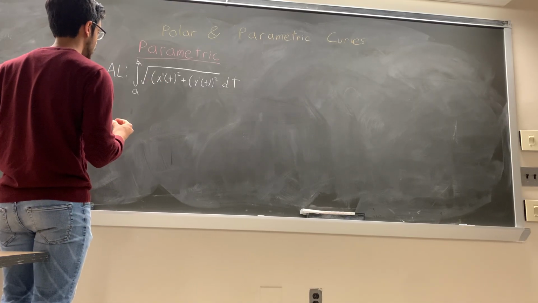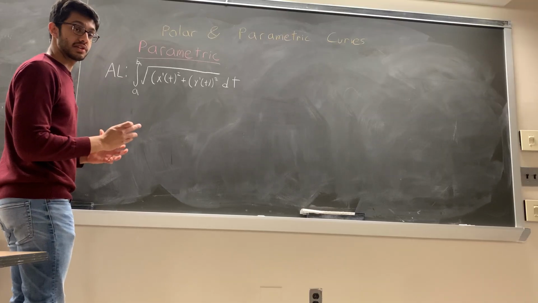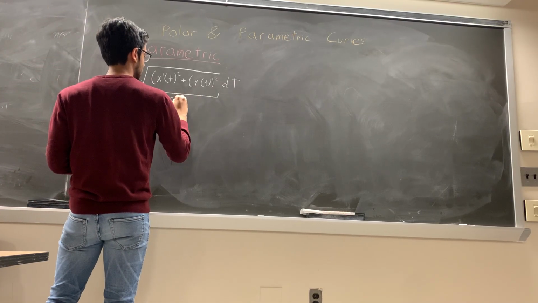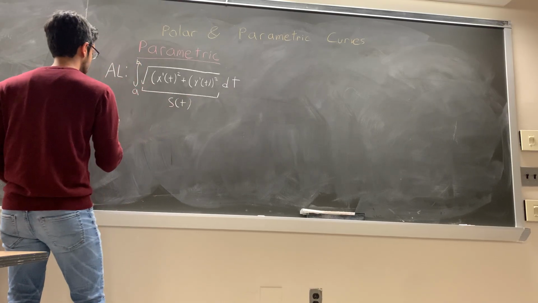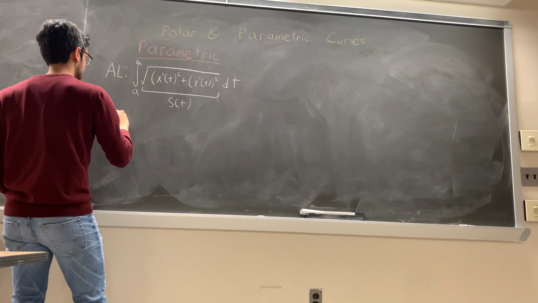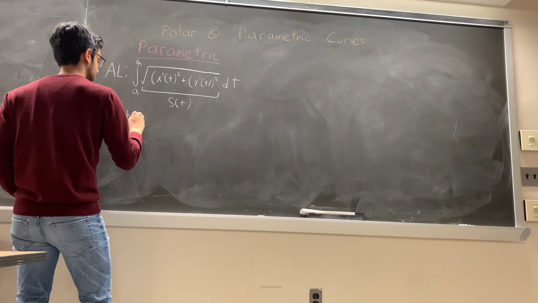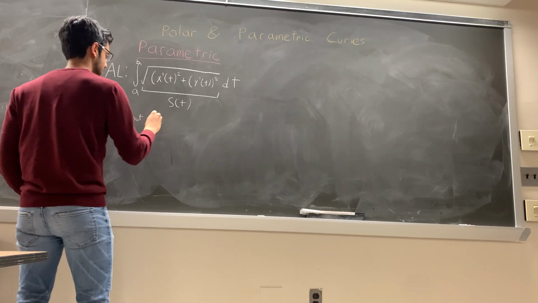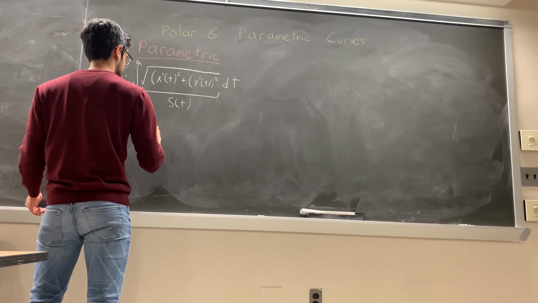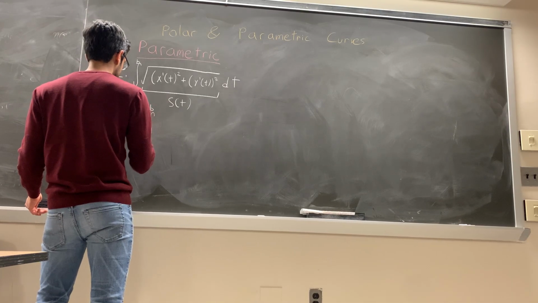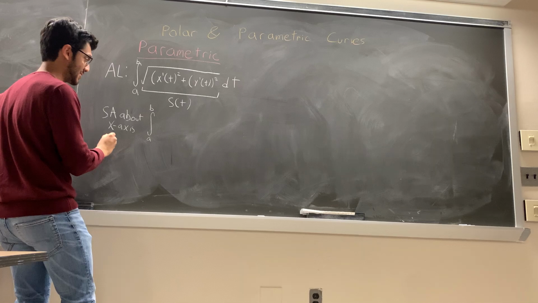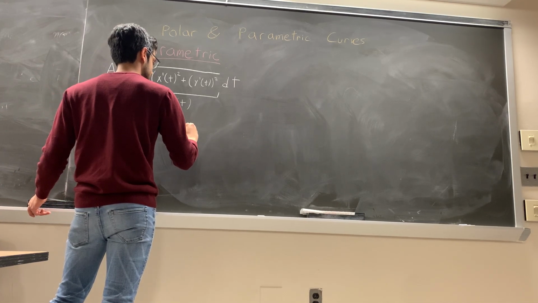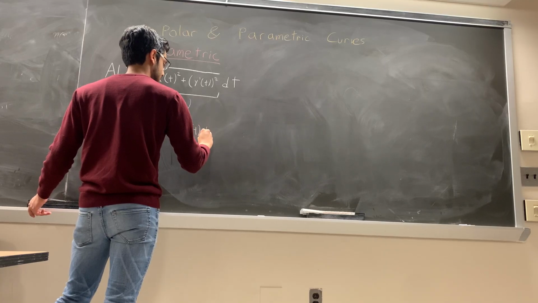I'm going to do one thing that'll make my life easier, and I'm just going to call this whole thing over here S of t. And so if we have the surface area about the x-axis, this integral ends up being the integral from a to b, and I'm going to make sure that's clearly an x over there, of y of t times S of t dt.